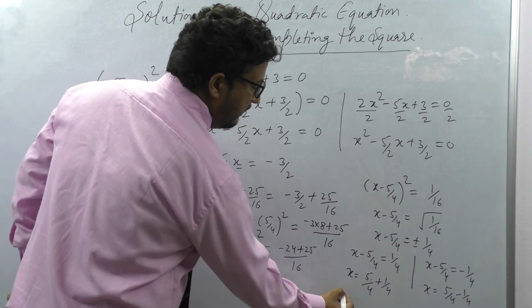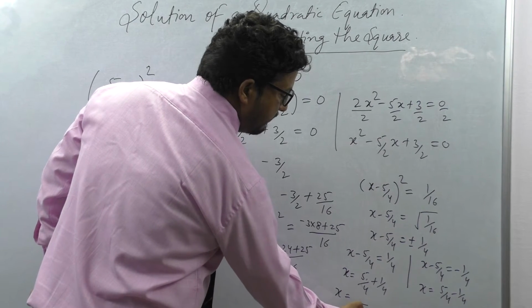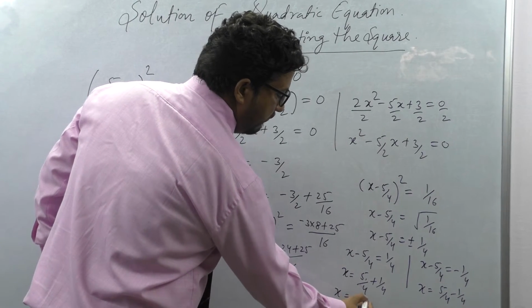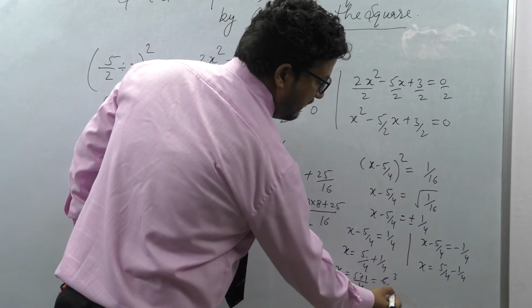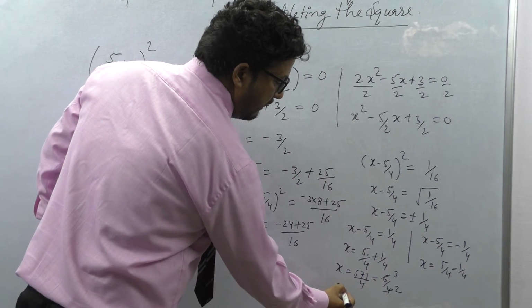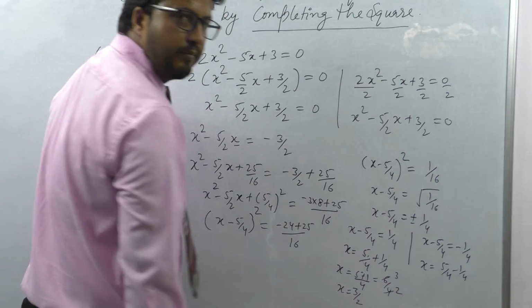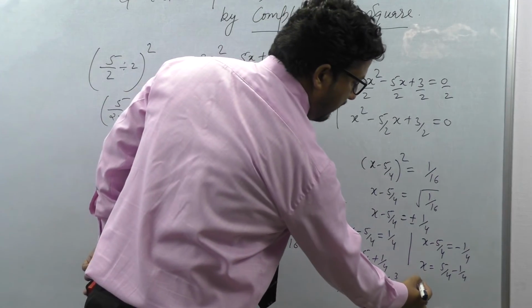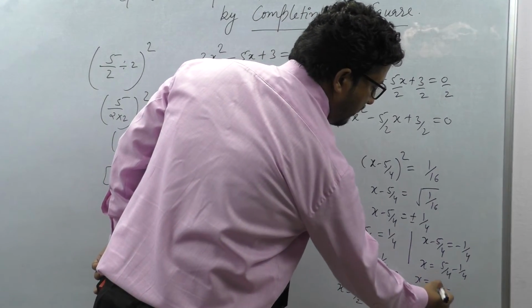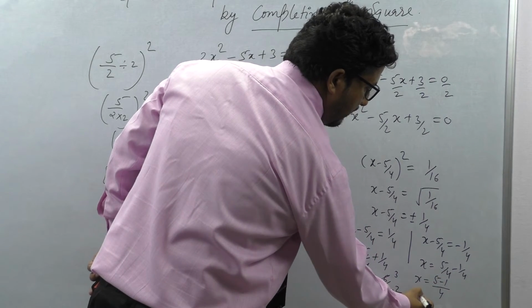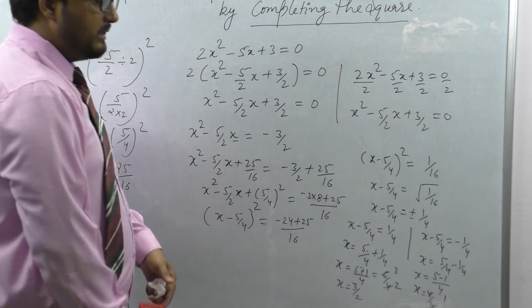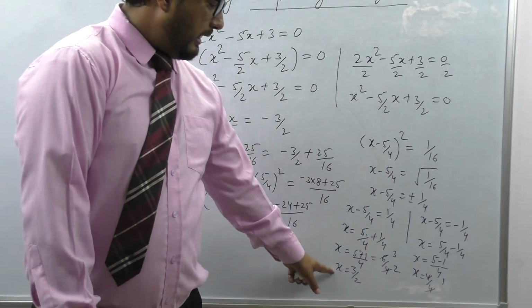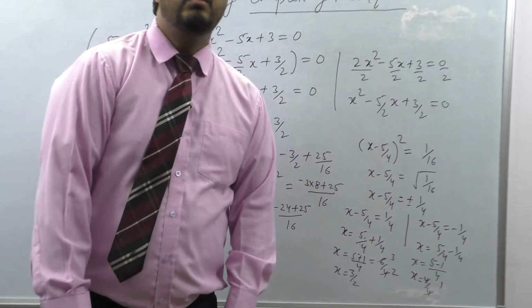The LCM is 4, and 5 plus 1 is 6 by 4, which simplifies to 3 by 2. So x is 3 by 2. For the other, 5 minus 1 is 4 by 4, and if you cancel it, 1 comes. So you get two roots, x equals 3 by 2 and x equals 1.